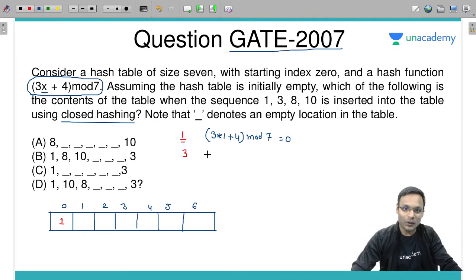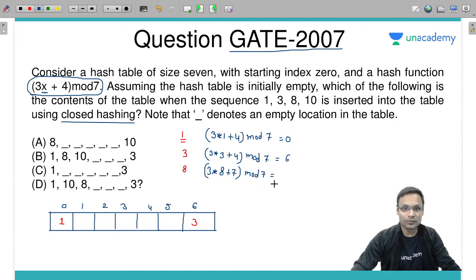For 3, 3 into 3 plus 4, 9 plus 4, 13 mod 7 is equal to 6. So 3 should be inserted at location 6. Next value is 8. So x value 8, 3 into 8, 24 plus 7. How much will 24 plus 7 be? 31 mod 7.